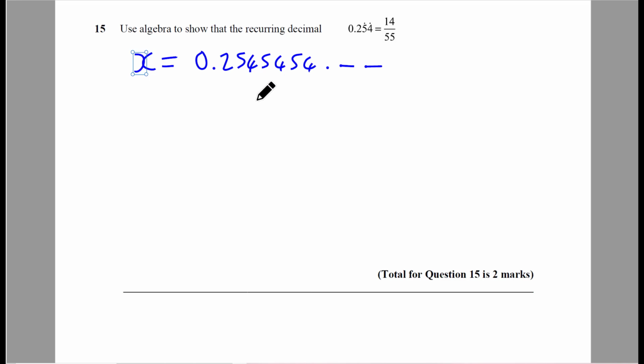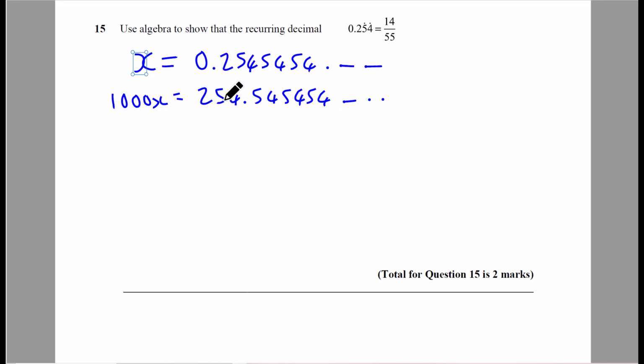So we want to multiply by something to make these numbers cancel, and we want the repeating decimals to repeat. So we've got to do 1000x here will equal 254.5454 dot.